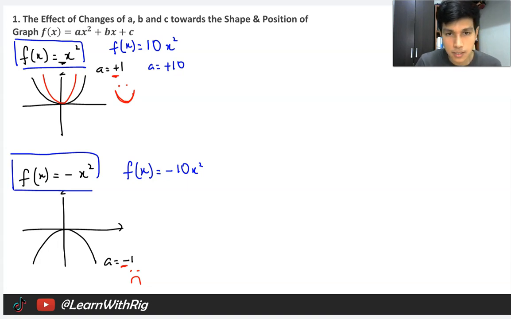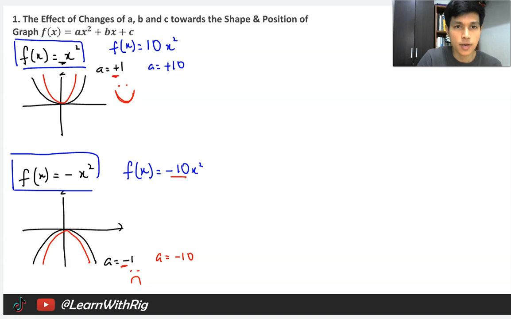But because it is negative 10, the a is going to go from negative 1 to negative 10. So it's also going to make your graph narrower. The only difference is it's still going to be a negative graph, so it's going to be N-shaped, but it's going to be narrower. So that is the difference in how the a value changes the graph.